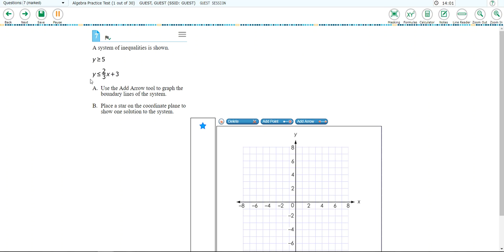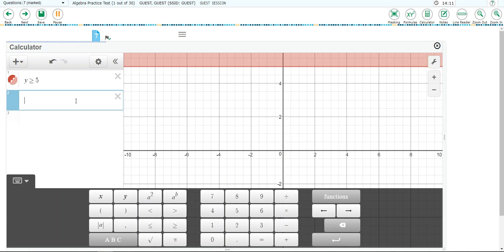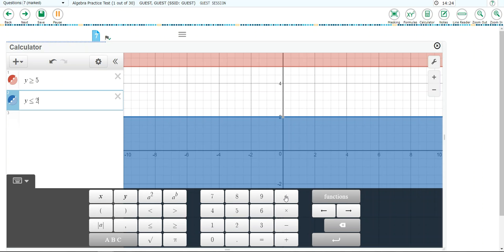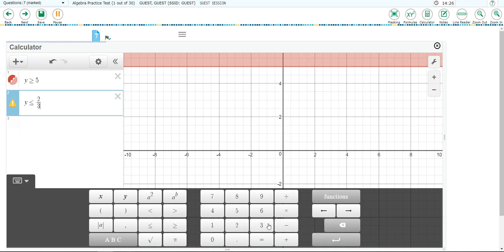The second one, y is less than or equal to 2/3 x plus 3. I'm going to put that down here. Y is less than or equal to, now I need a fraction, and to get a fraction I use the division key. Watch my mouse down here. 2 divided by 3.